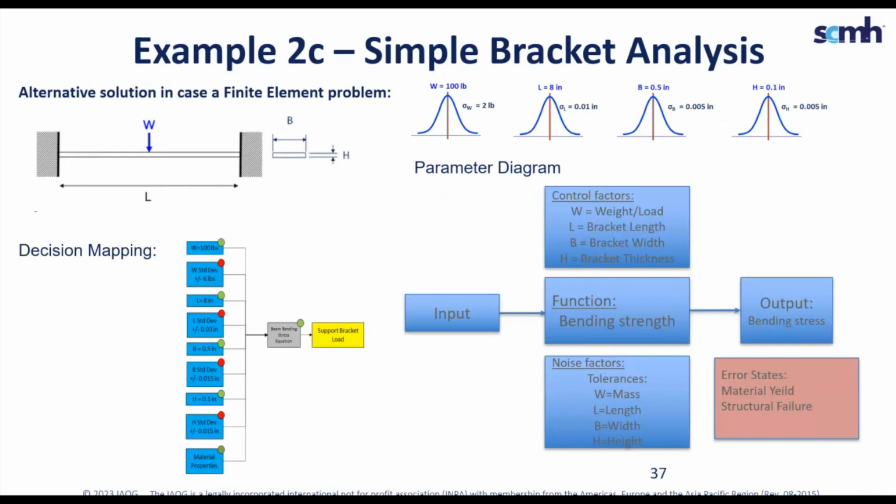Control factors are the factors designed, and noise factors are the factors you cannot design, but that you have to consider the influence and robustness to. In our example, you can see that tolerances can be viewed on each side. In this P-diagram, we have chosen to put them on the noise factor side.